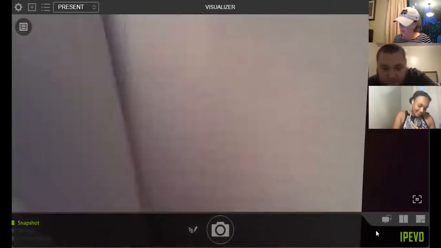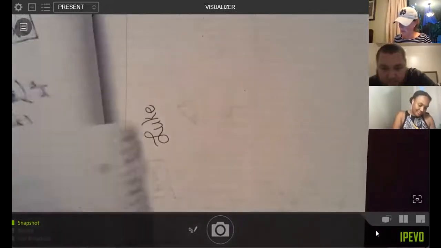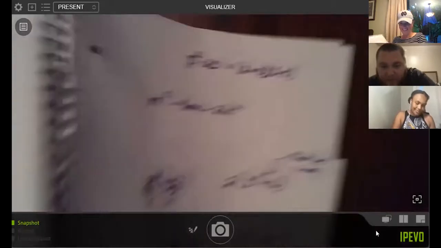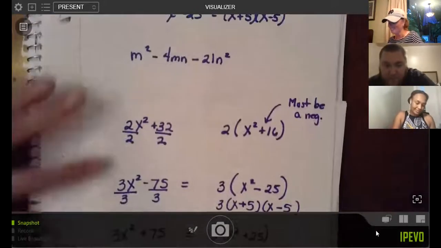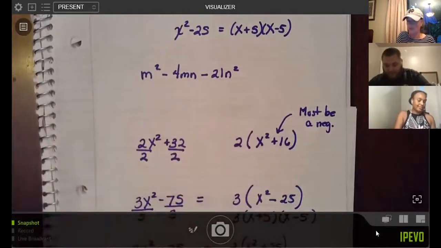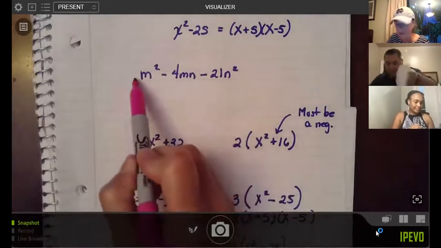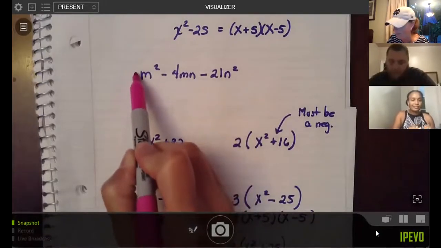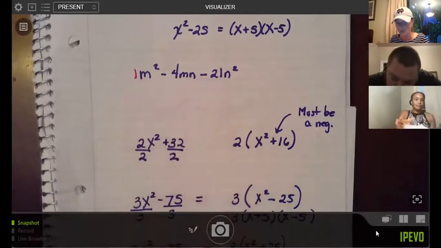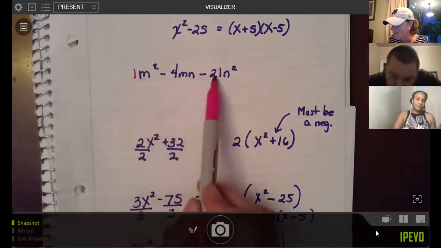And I think we could probably answer it now. Oh yeah, right there. Okay. All right, let's do this one. It's 3 terms, right? So we're going to make it into a 4-term problem. So what's the number in front of the x squared? 1. Okay. So 1 times negative 21.